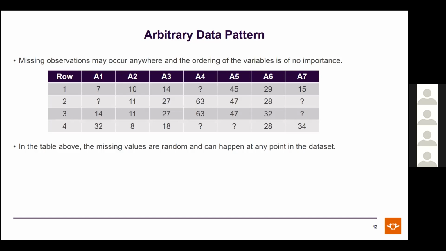Row 4, it's in A4, A5. So it can occur anywhere. That's what the arbitrary missing data pattern says. Your missing information can occur anywhere. There's no predefined way in which the missing data can occur in your data set.